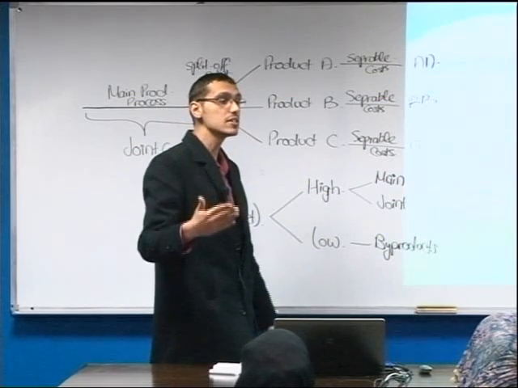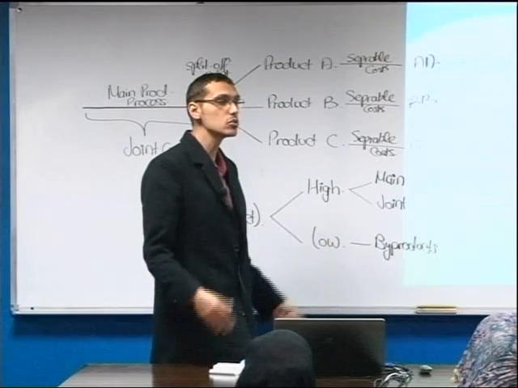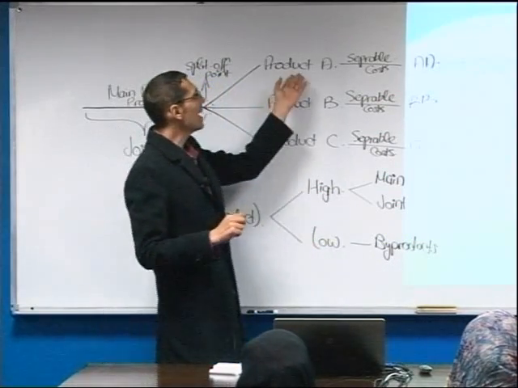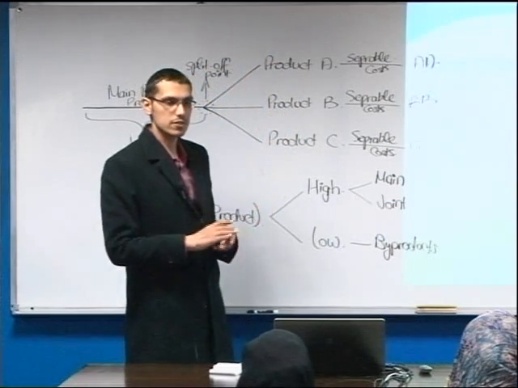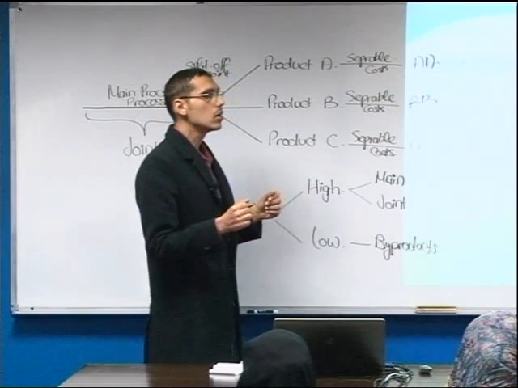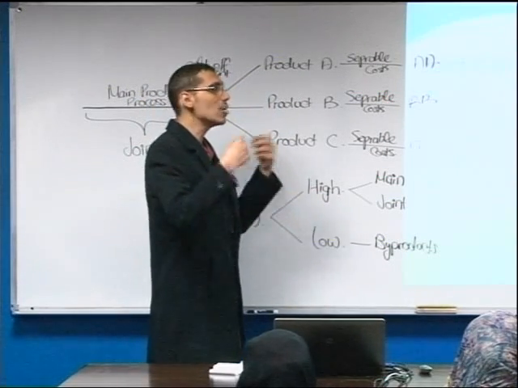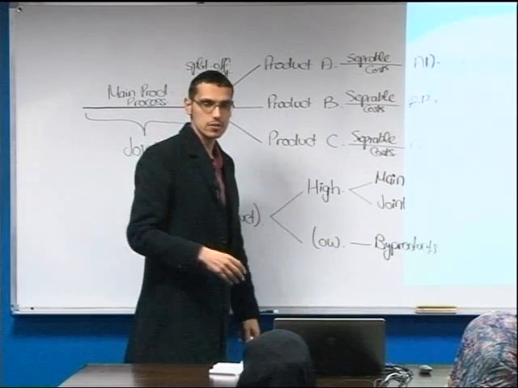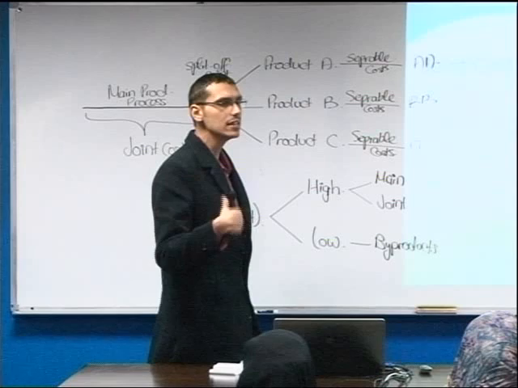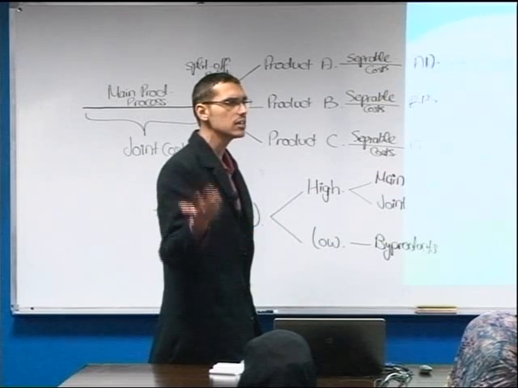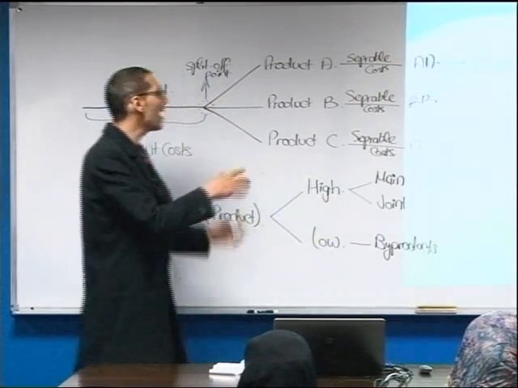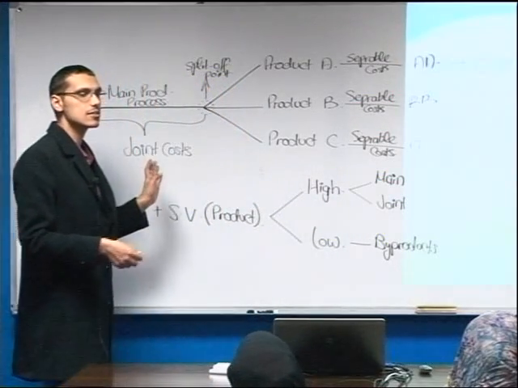Excellent. This is one of the decisions that needs to be considered. For instance, product A is sold for $10, while the joint cost that is allocated to product A is $11. In this case, I would know that product A is yielding losses, not yielding profits. Therefore, I can re-evaluate our entire process.